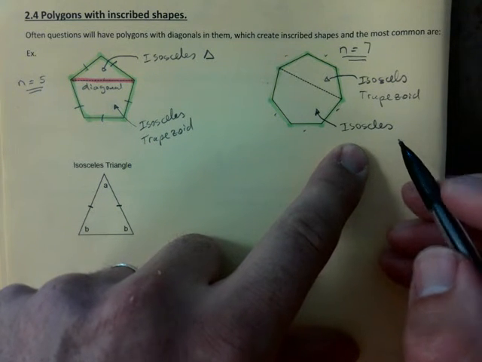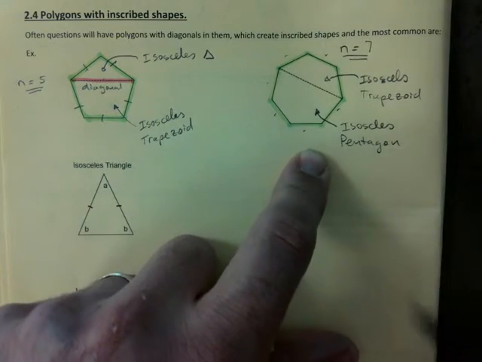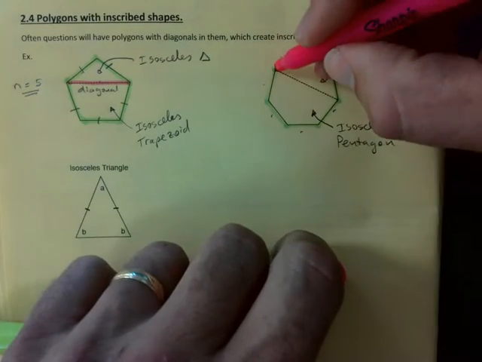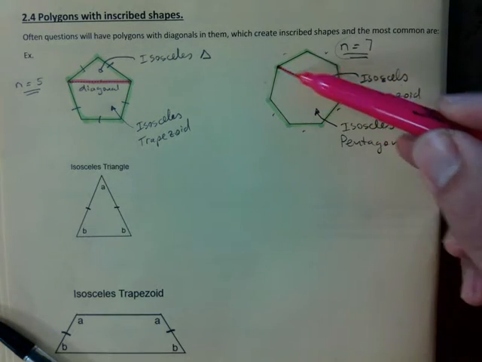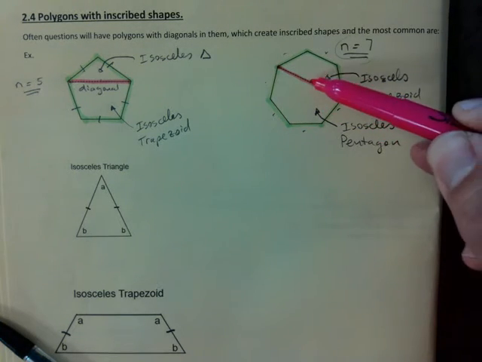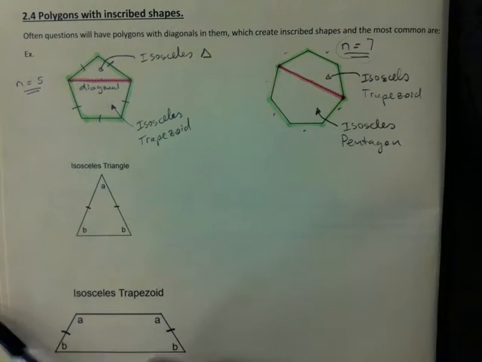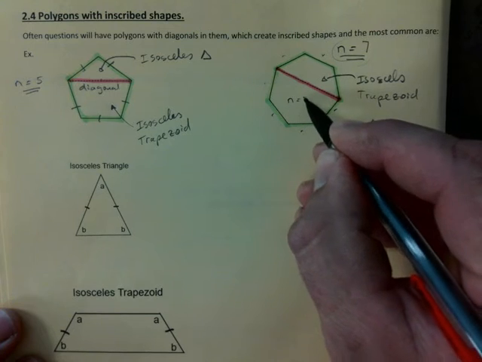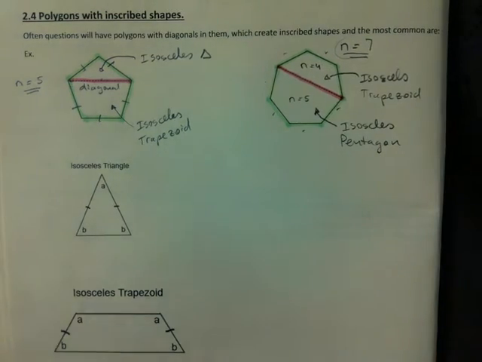Isosceles pentagon. And you're like, pentagon? Didn't you say 7 sides, Mr. Hicks? Yeah. So this is a pentagon because if you now just focus in on that shape created by this diagonal, it's almost like cutting it. You count 1, 2, 3, 4, 5, right? So inside here is n equals 5. Inside here is n equals 4.